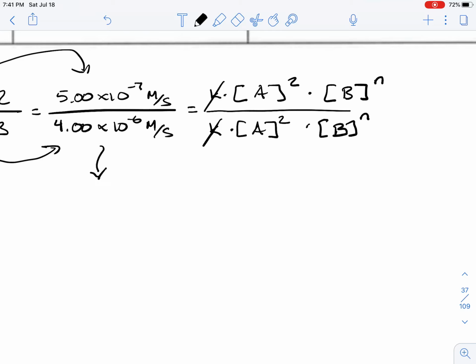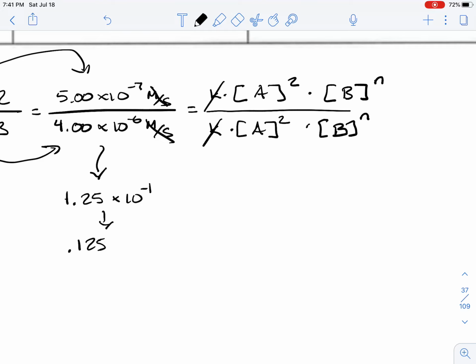And so if I plug this into the calculator, 5.0 times 10 to the negative 7, divided by 4.0 times 10 to the negative 6 is going to give me 1.25 times 10 to the negative 1, or just simply 0.125.